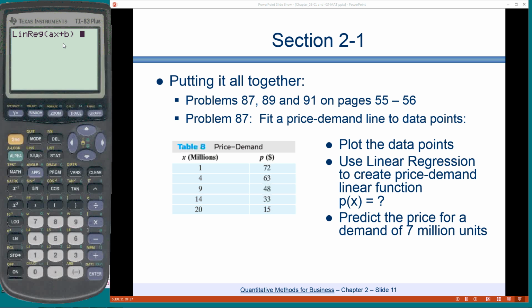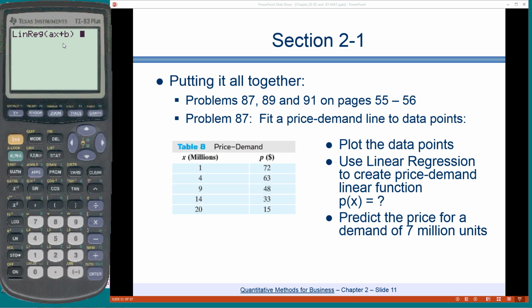Now at this point, if you just hit enter, it would do the linear regression, because LinReg(ax+b) assumes that if you don't tell it any differently, your X values are in list 1 and your Y values are in list 2, which is in fact what we have.